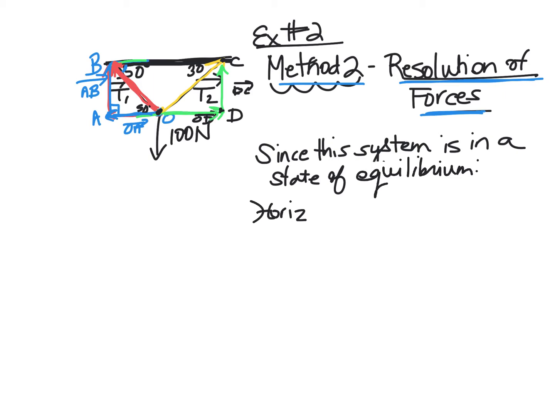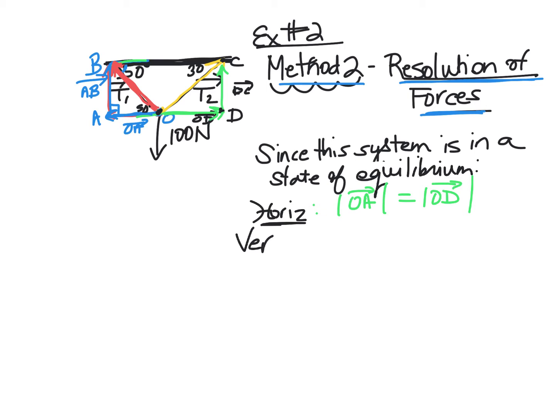But since that weight, that 100 Newton force acting downwards, is not moving, I can imagine that the magnitude of that OA vector, the blue vector pulling to the left, and the magnitude of that OD vector, the green vector pulling to the right, must be equal to each other if the object being held by those strings isn't moving.